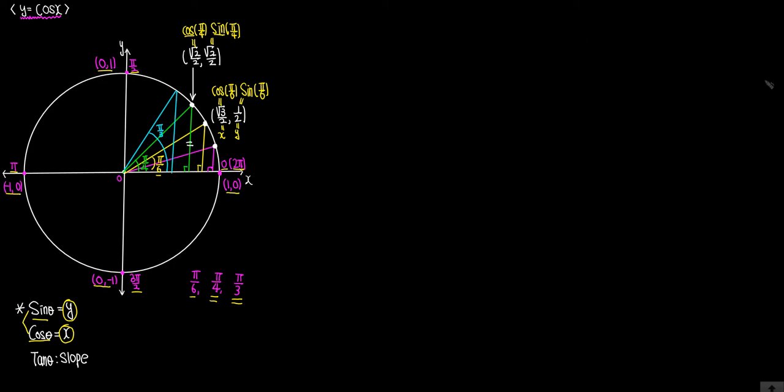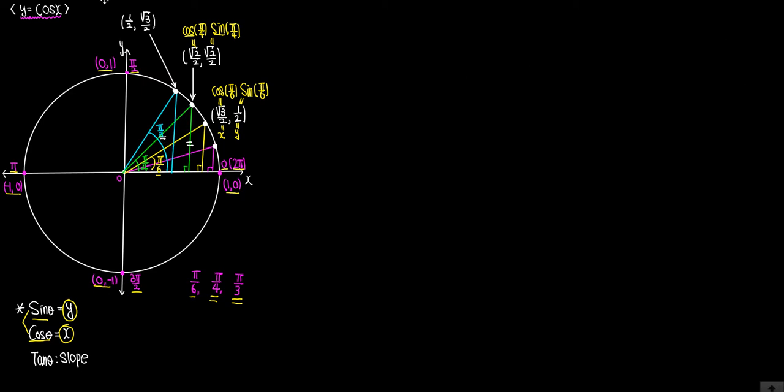Then we can express this point on the unit circle using the right triangle ratios of the special angles. According to what we have learned in our previous videos, the x coordinate will be 1 over 2, and the y value will be square root of 3 over 2, and that will happen when the main angle is pi over 3 radians.